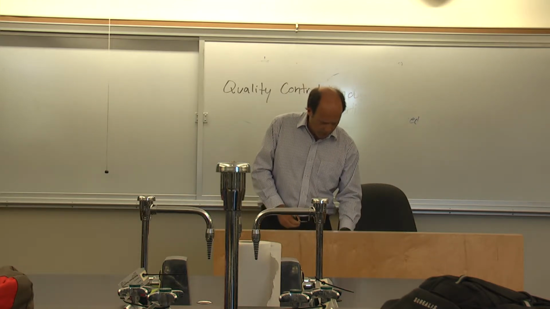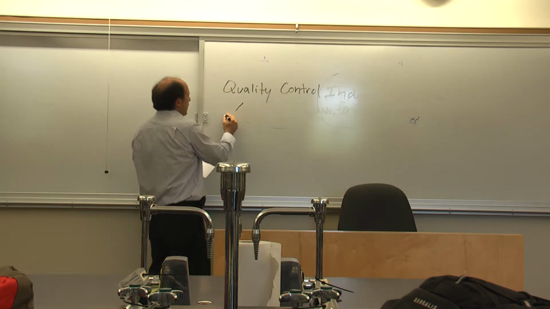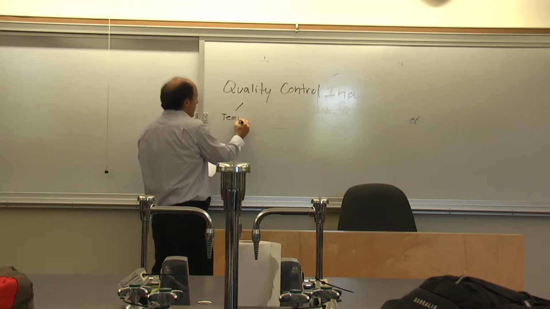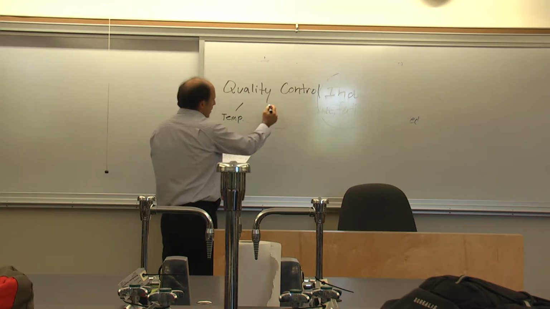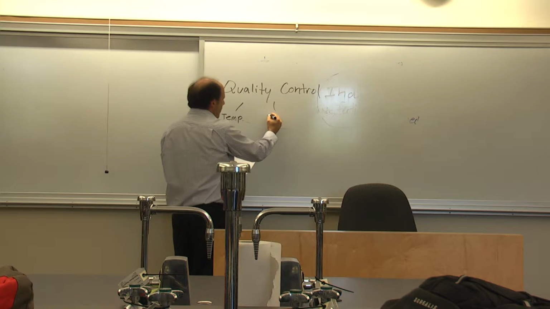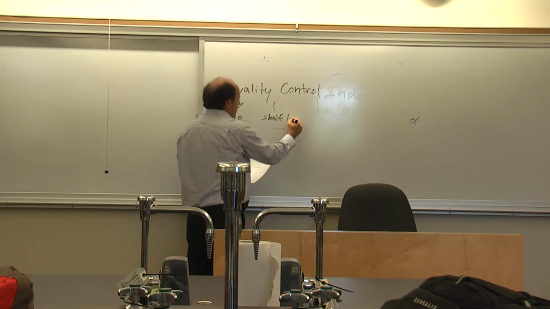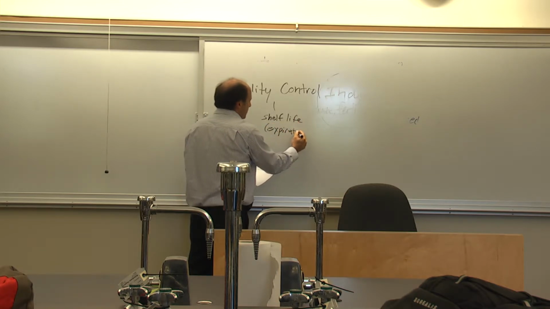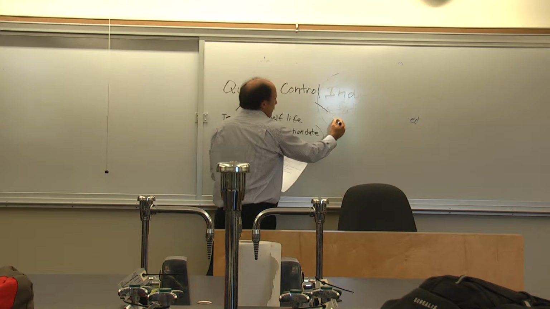Okay, so under quality control, let's just write a couple of these things. So the temperature that it's stored at, the shelf life, and then under that expiration date. Also just observations.